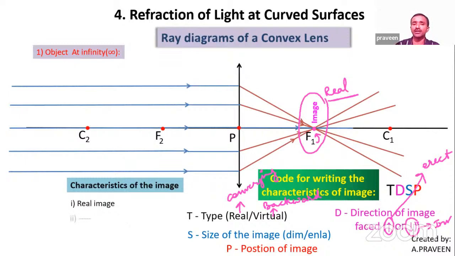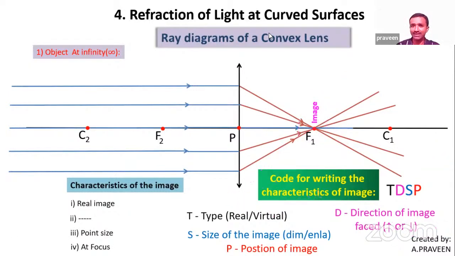It is a point, not above the principal axis, not below the principal axis, only a point, no size for the point. So no comment about it. Its size is point size. And position, exactly at F1, at focus. So these are the characteristics, right?